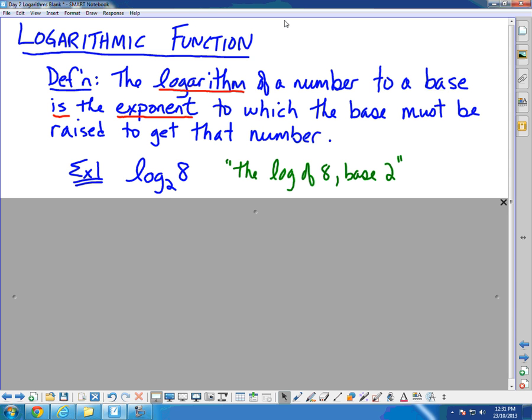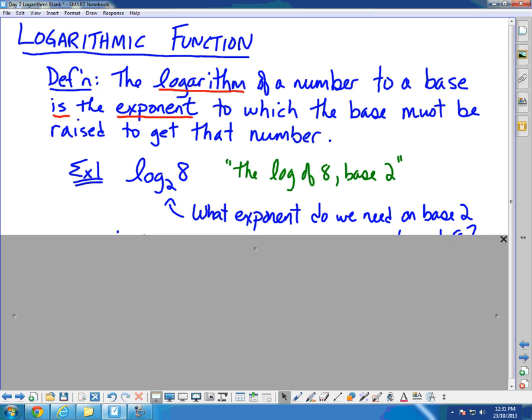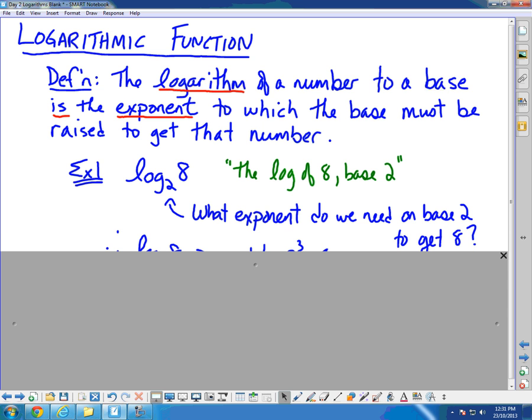So what we are asking when I ask for the logarithm of 8 base 2 is I am asking what exponent do we need on base 2 to get 8? What exponent do I put on a 2 to get an 8? And today, we're pretty much just asking that question and helping get used to the terminology and the language and everything like that.